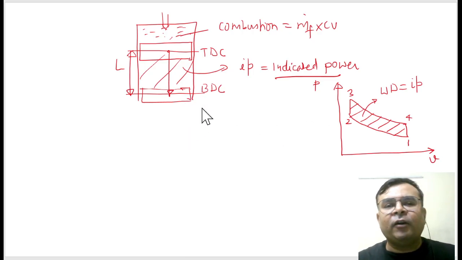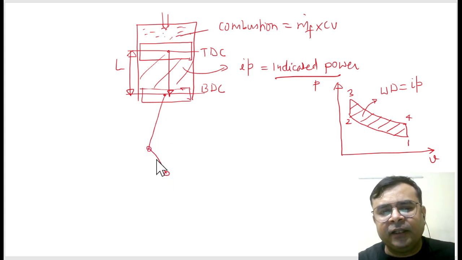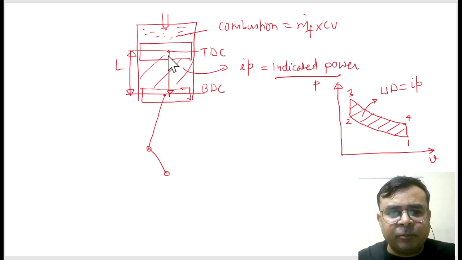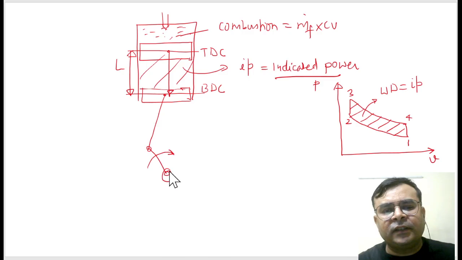And of course, some amount of energy gets lost. This piston cylinder arrangement is also connected with the crank and connecting rod. Due to this reciprocating motion, the crank will receive some energy and transfer it to the shaft.